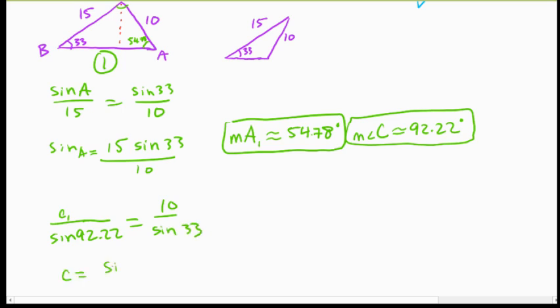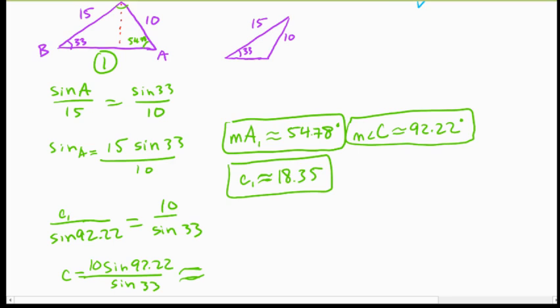Multiply sine of 92.22 to both sides. Plug that into a calculator and round, and I get my side length of C as approximately 18.35 units. So those are my three missing pieces for the first possible triangle.